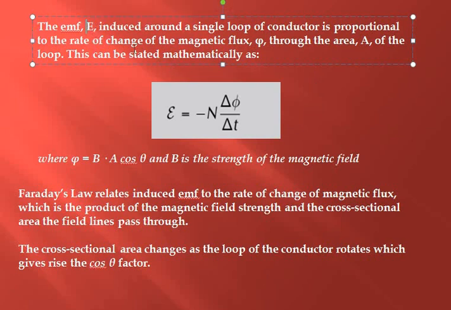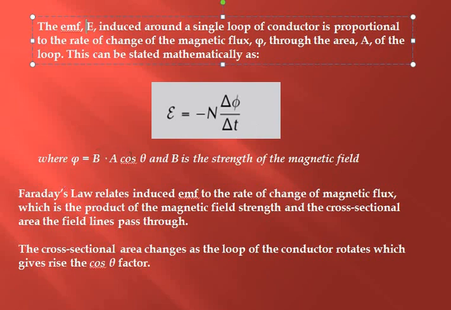The EMF, epsilon, induced around a single loop of conductor is proportional to the rate of change of the magnetic flux, phi, through the area A of the loop. This can be stated mathematically as EMF is equal to minus n delta phi over delta t, where phi is B dot A cos theta.